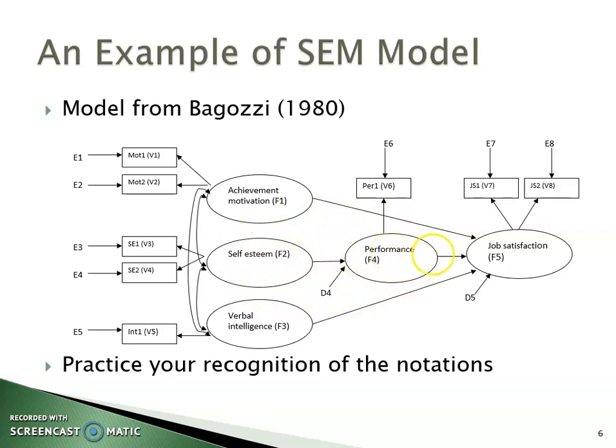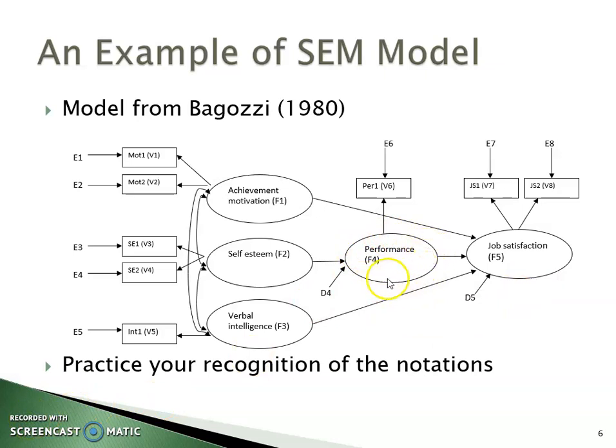In the meantime, it could be an exogenous factor because it has a direct impact on job satisfaction, the endogenous factor. So you can treat performance as locally endogenous and locally exogenous.